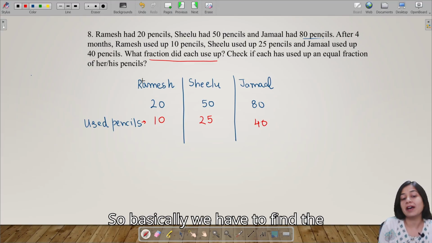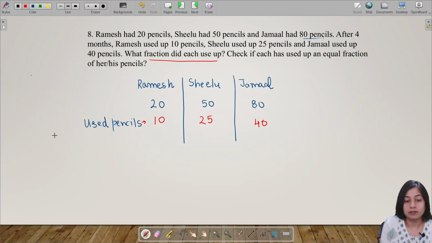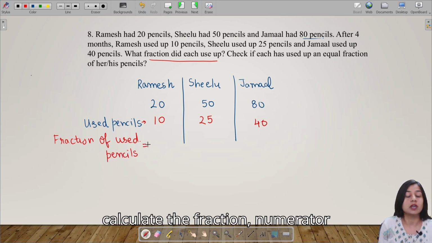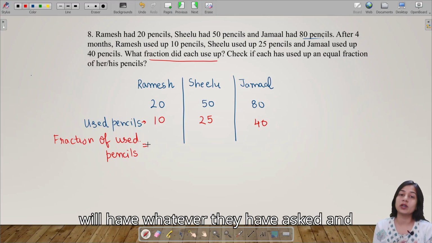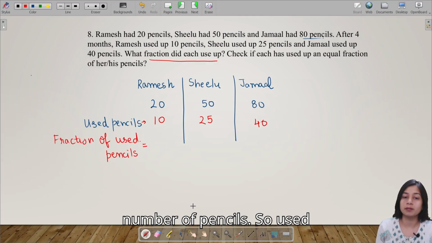So basically we have to find the fractions of used pencils. Whenever we have to calculate the fraction, the numerator will have whatever they have asked and the denominator will always have the total number of pencils.